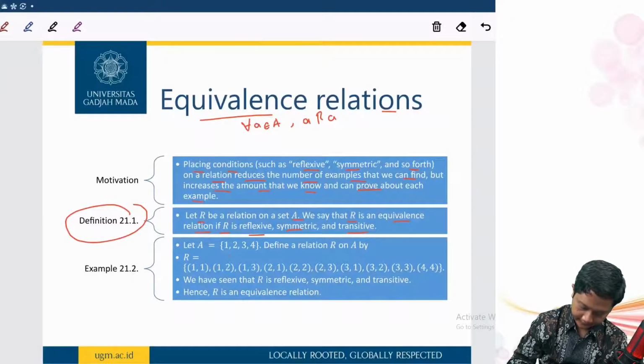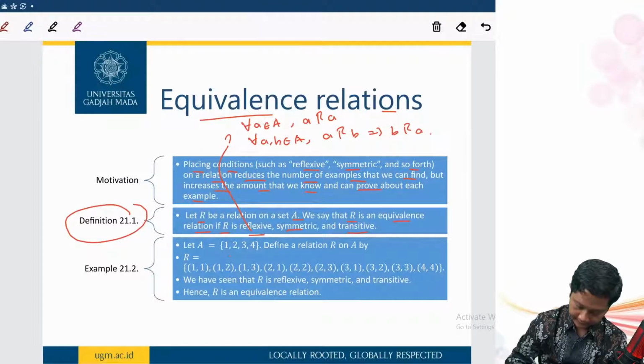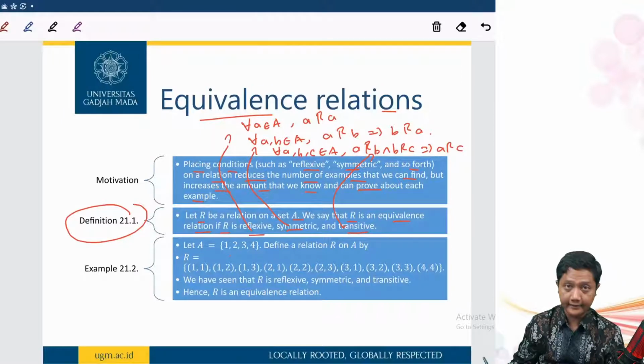Then the second one is symmetric: for all a, b in A, if a is related to b, then b is related to a. The last one is transitive: for all a, b, c in A, if a is related to b and b is related to c, then a is related to c. This one is the transitivity.